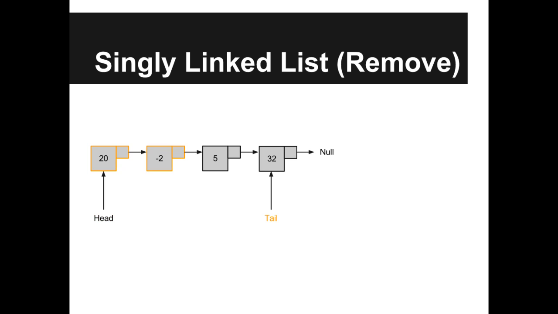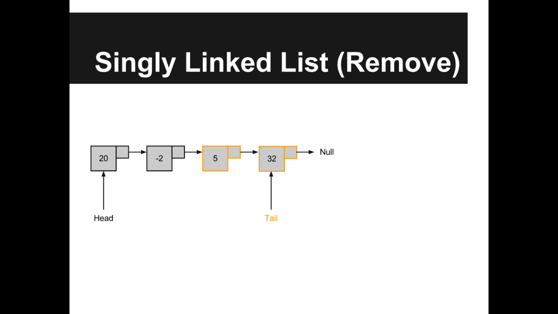We're gonna see -2, and we're gonna ask the same question: is tail pointing at -2? The answer is no, so we're gonna move on to the next element, which is 5. Is 5 the same thing as tail pointing at? No. Then we're going to move on to the next element, which is 32, and 32 is the same thing as what tail is pointing at.